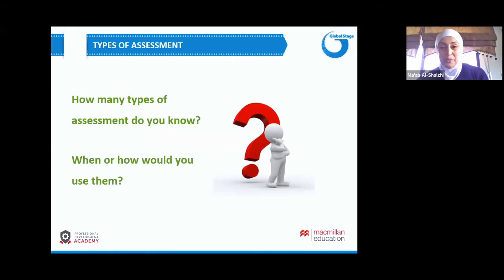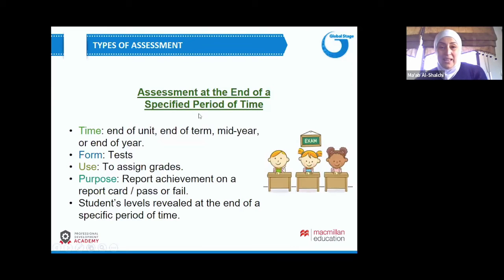Okay, so formative, and moving to the next slide. Assessment at the end of a specific period of time is a different kind of assessment, and it has limited time. It has a form, it has a use and a purpose.